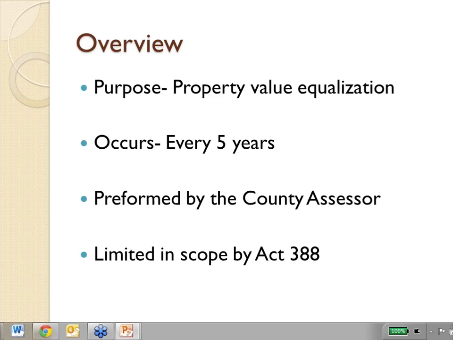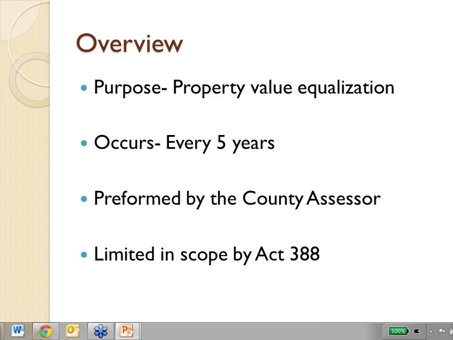So when you pay your property taxes on your home, you don't pay any money toward the schools. That burden shifted away from individual property owners and from primary residential properties to commercial property, industrial property, agricultural property, and investment type of property.